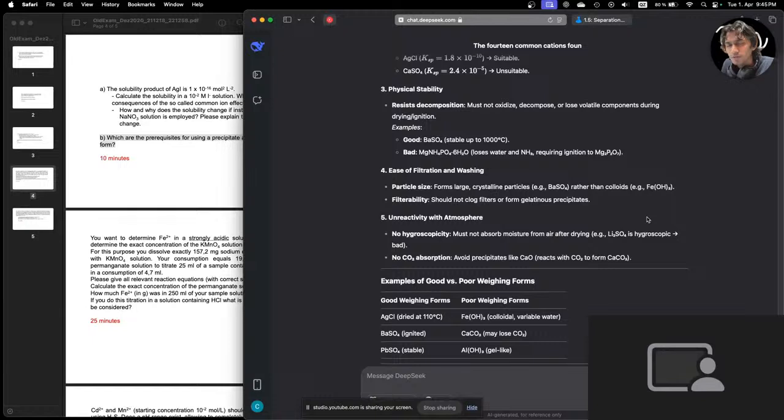Hygroscopicity is a property shown by crystals to absorb water from the atmosphere. Moisture, water, yeah. So this should not be hygroscopic and no CO2 absorption. Okay, so it should not react. It should be stable.